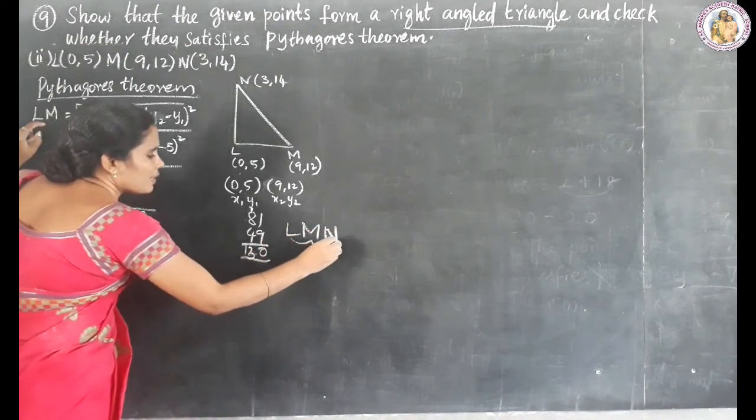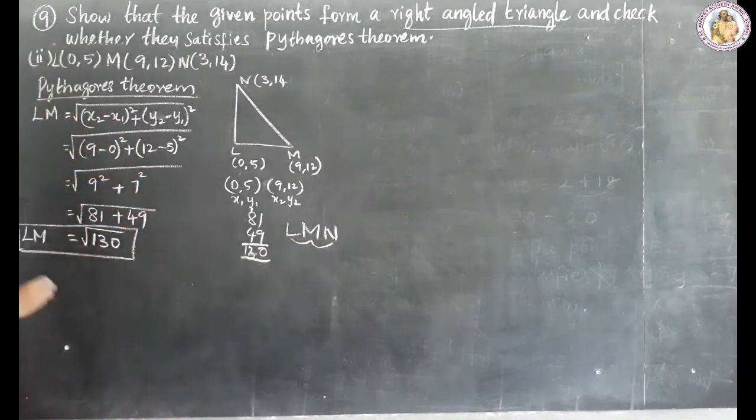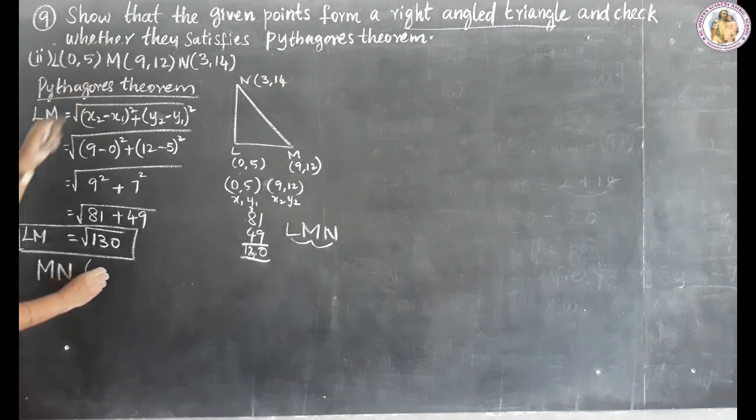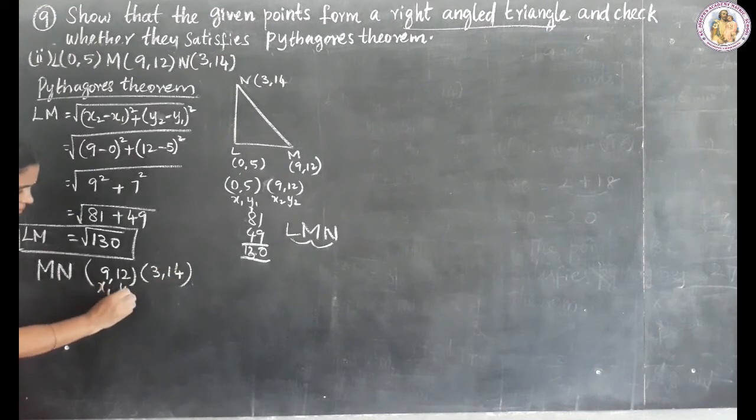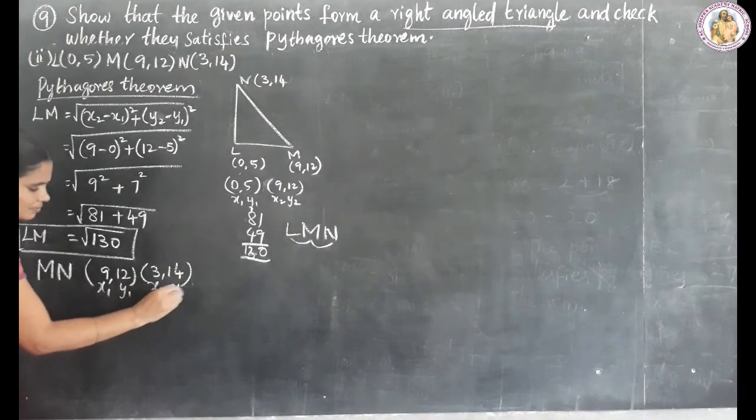After finding LM, find MN. Write the points: MN is 9, 12 and 3, 14. Take this as x1, y1, x2, y2.